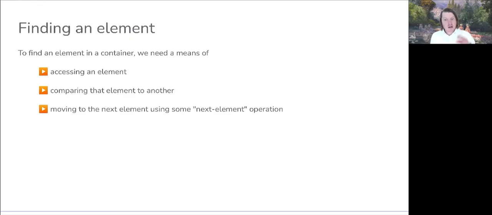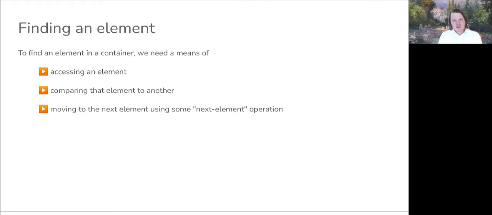That is, looking at the element where we are in this process, investigating it and seeing what it is and whether or not it is what we're looking for. The next thing we're going to need is the ability to compare that element to what we're looking for. And then we're obviously going to need some way to move from one element to the next. We'll say this would be achieved with some next element operation, whatever that may be.